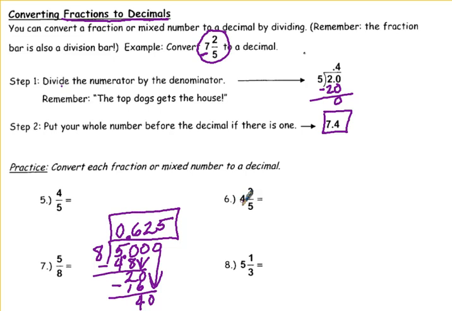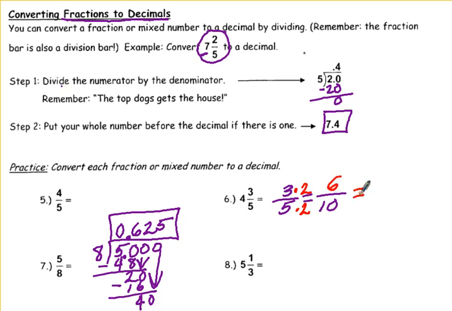Alright, let's try 4 and 3/5. Now there is a little trick here. If you have a fraction that can be converted to tenths or hundredths or thousandths, then it's a little bit easier. For example, you can see that you could use equivalent fractions here and get 5 times 2 would be 10, 3 times 2 would be 6, 6/10.